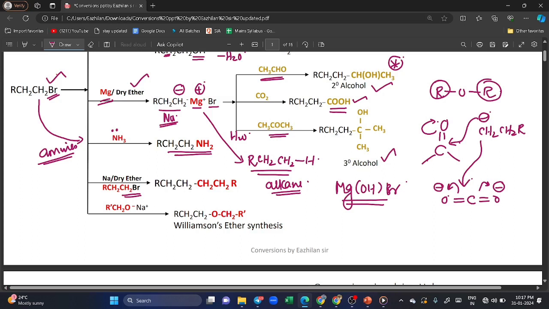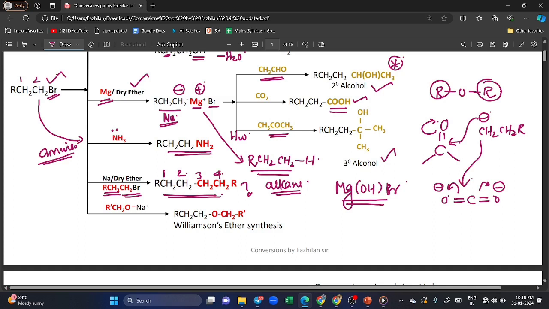You can see that there are twice the number of carbons: these 2 carbons are here, and apart from that, the red-colored alkyl group also gets added, so you can see 4 carbons. So what is the name of this reaction? You can put it in the comment section.